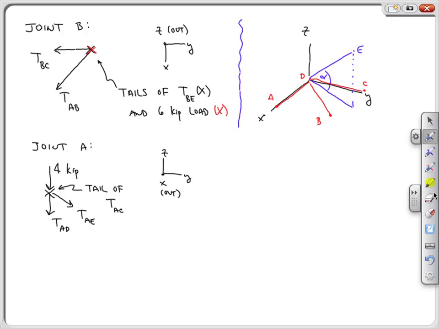Imposing equilibrium in the y direction immediately tells us that TAE is also a zero-force member. Now look at joint A from the positive y space, looking straight down at the XZ plane. Since we've established that both TAE and TAB are zero-force members, there is no need to include them in the sketch.